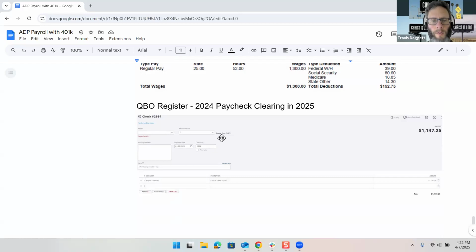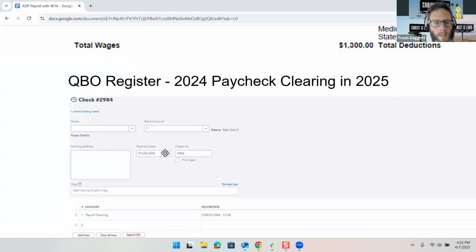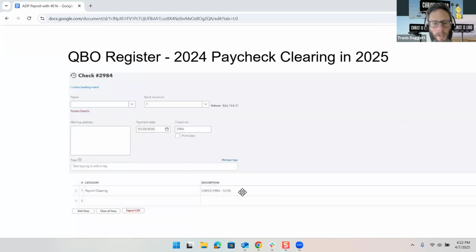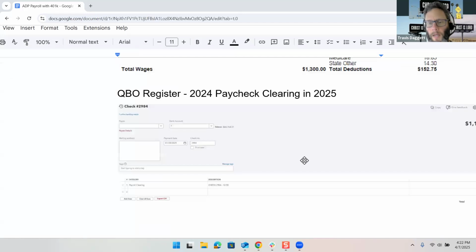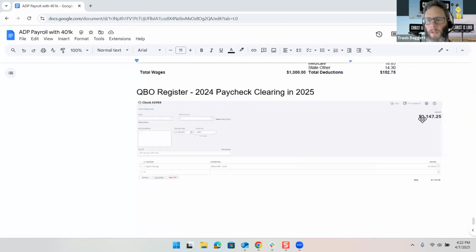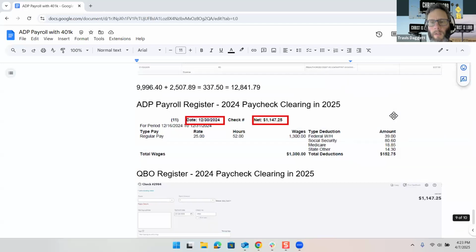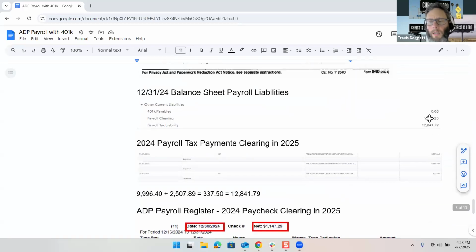And sure enough, we see this clearing coming through in January 2025. And we can see it's the paycheck from 1230. And the amount is, there it is, 1147.25. So that's right. That clears out in January, just like we'd expect.